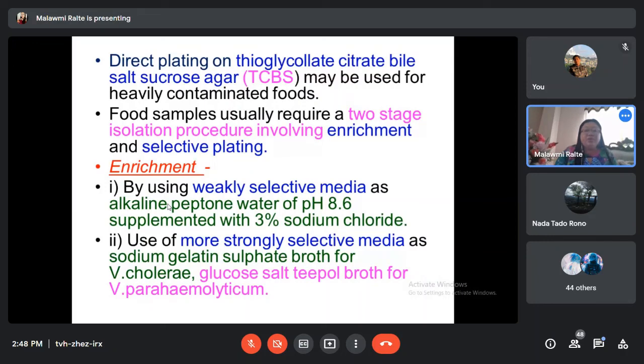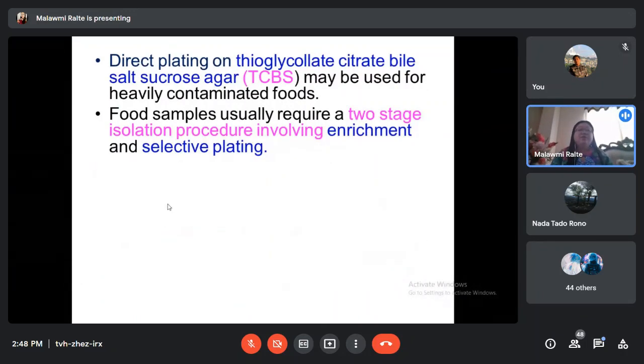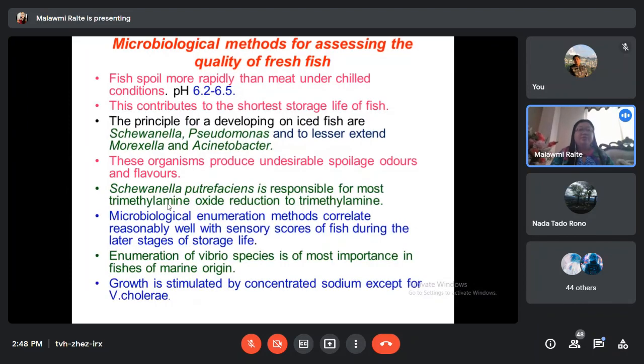Then the selective plating is TCBS, thiosulfate citrate bile salt sucrose agar. With that we can isolate the organisms. So remember that the pH of the fish is 6.2 to 6.5, because of that it has a shorter storage life compared to other meat.